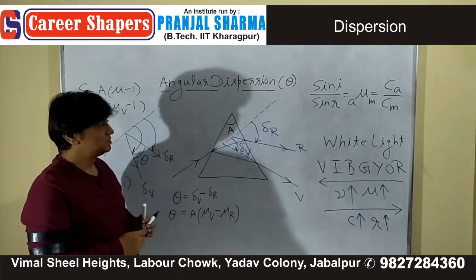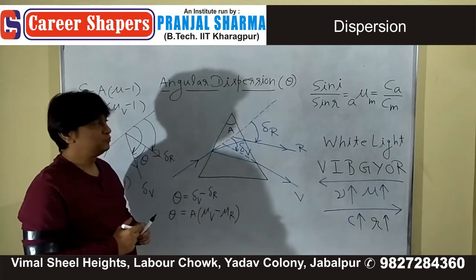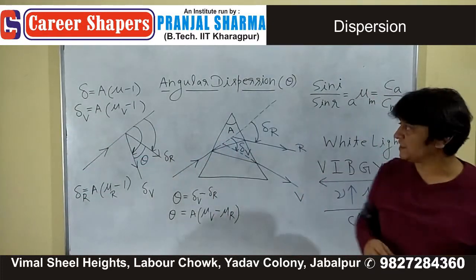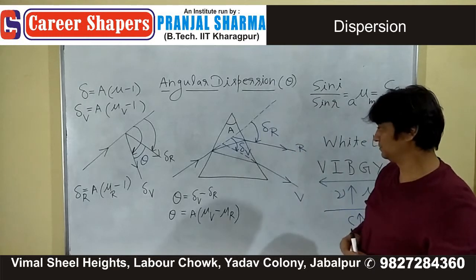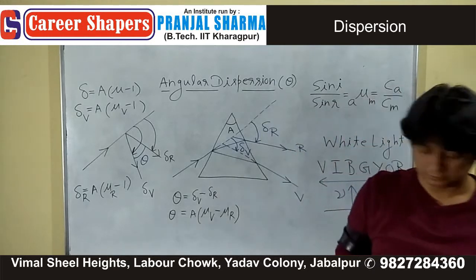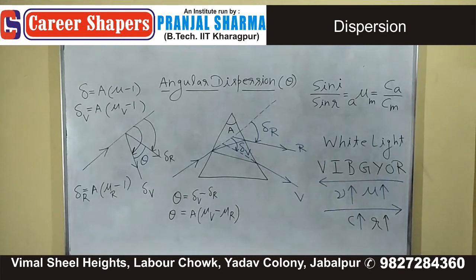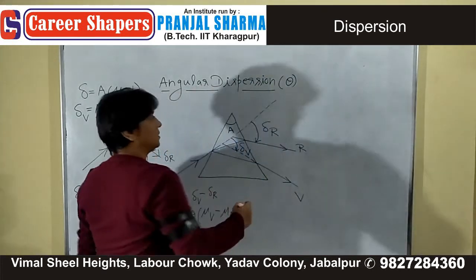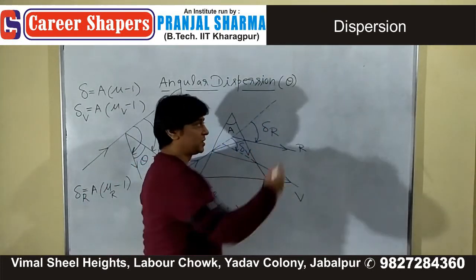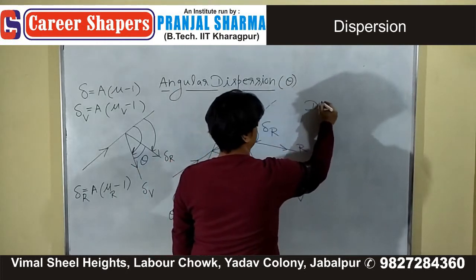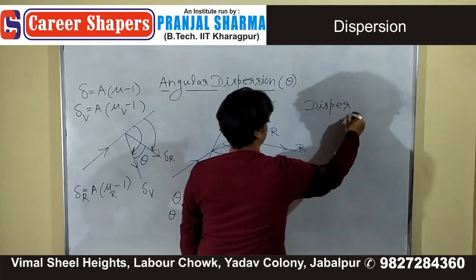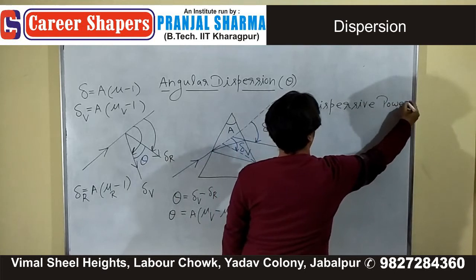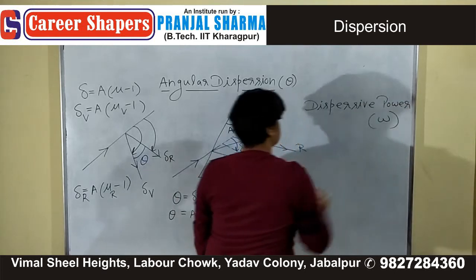After angular dispersion, we define another term which is called dispersive power. What is dispersive power? We'll see that, but first note down this much. Let's see what dispersive power is. Dispersive power omega.